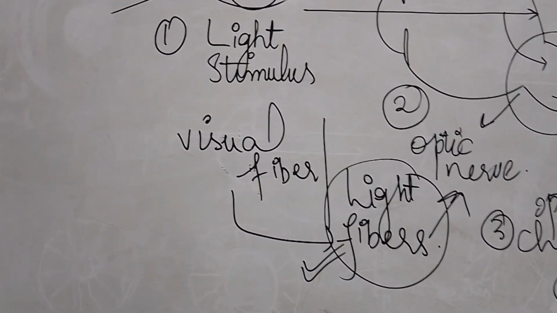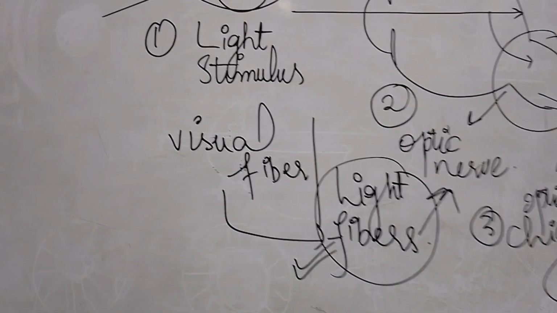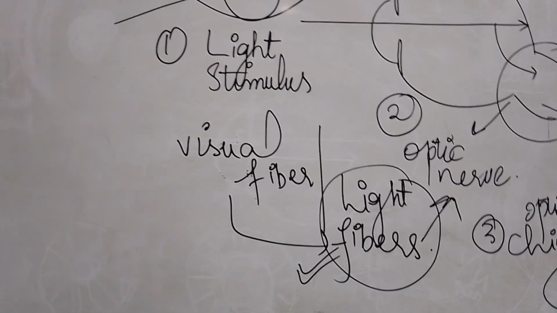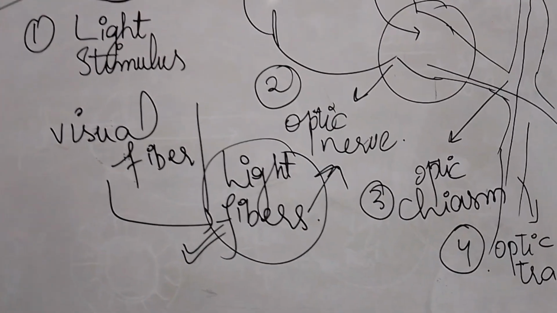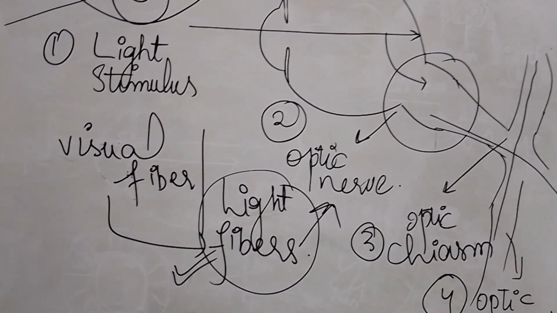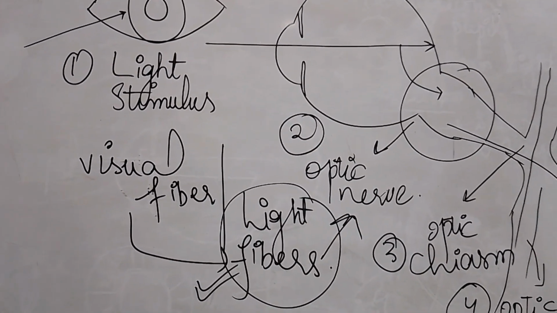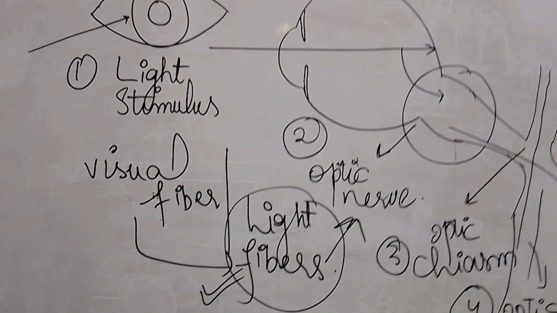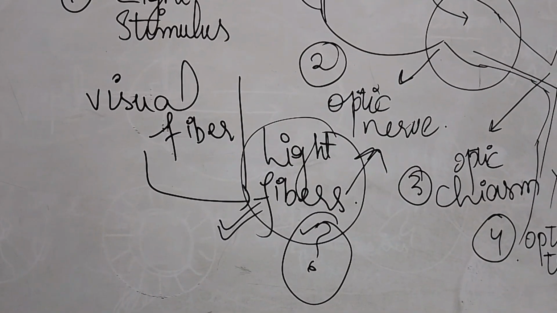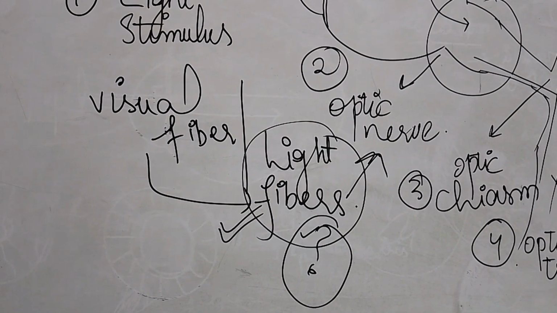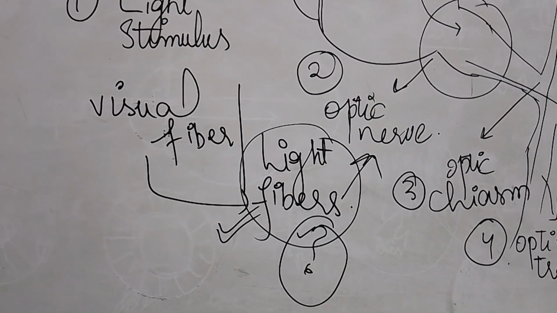That reflex has a different pathway, while the visual pathway is something different, right? So I hope you got it, that the pathway we are going to discuss in this video is the light pathway. So where are the light fibers moving? We are going to study here where the light fibers are going, right?